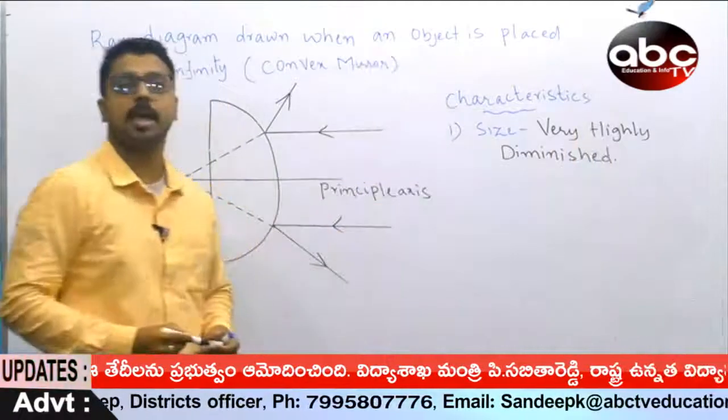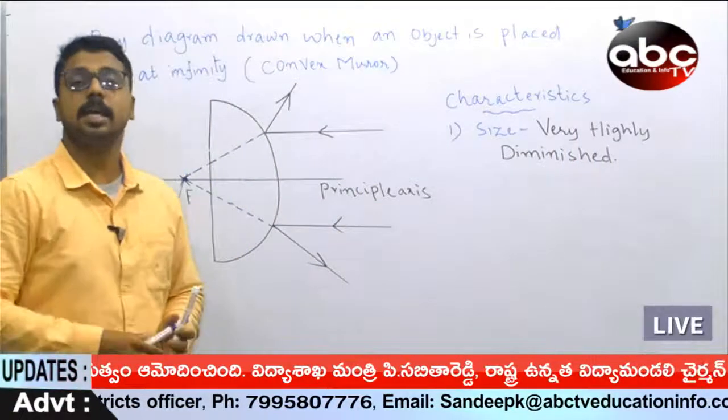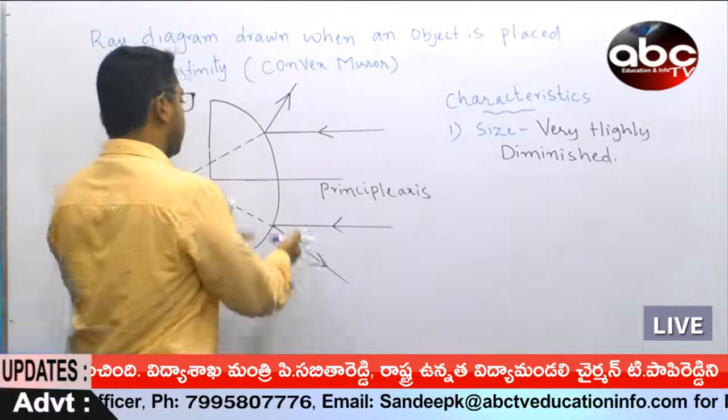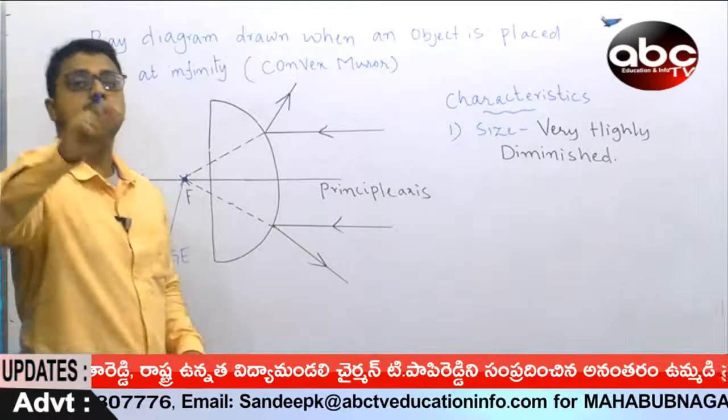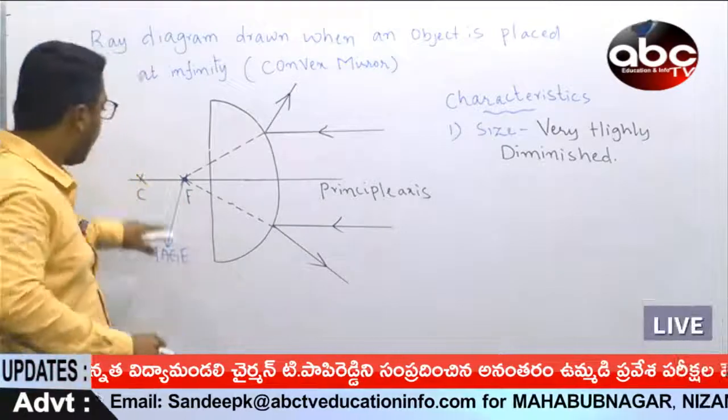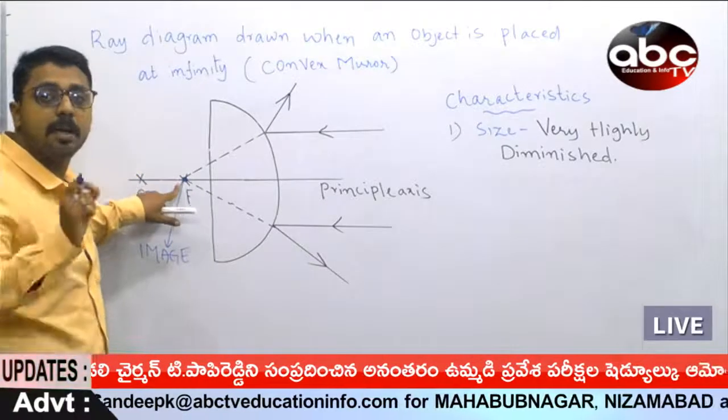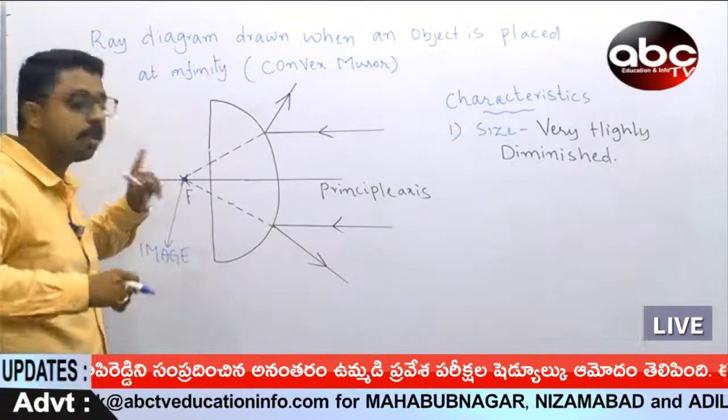Whereas the second characteristic is, is it above the principal axis or below the principal axis? My dear students, listen to this carefully. Actually, this is point 1 which is exactly forming on the focus.